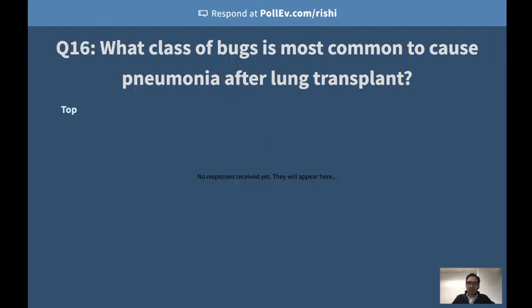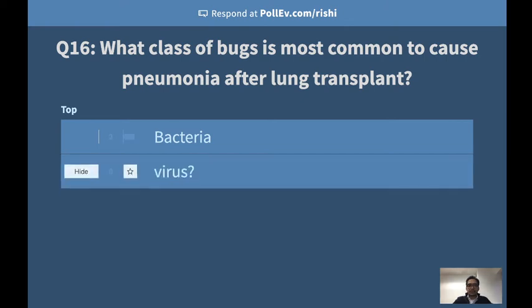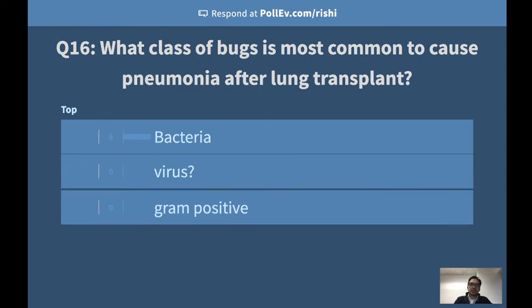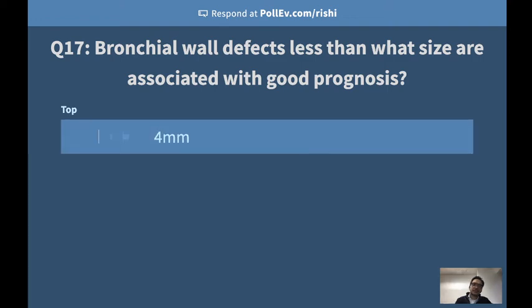What class of bugs is most common to cause pneumonia after lung transplant? Okay, most people are saying bacteria, which is correct. Bacterial are going to be more common than fungal or viral, although CMV is pretty common. Bronchial wall defects less than what size are associated with a good prognosis? 4 millimeters. Good.